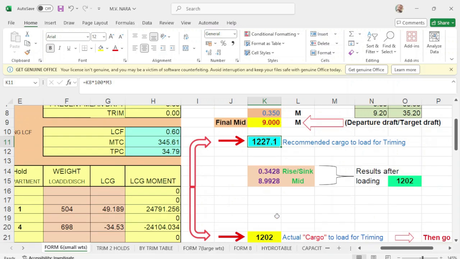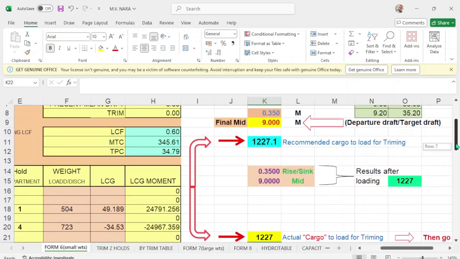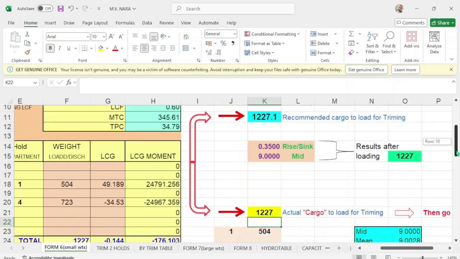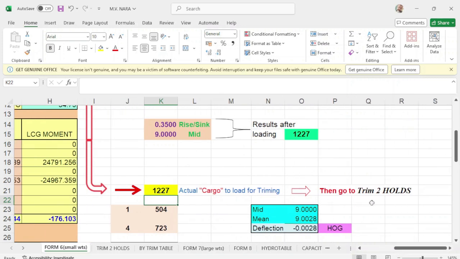But when I change this one to the recommended remaining cargo to load, 1227, when you load 1227, you will see the difference: you get exactly 9 meters of your departure drop, and your sinkage is 35, which is exact. Okay, then according to your program, go to trim holds 2.